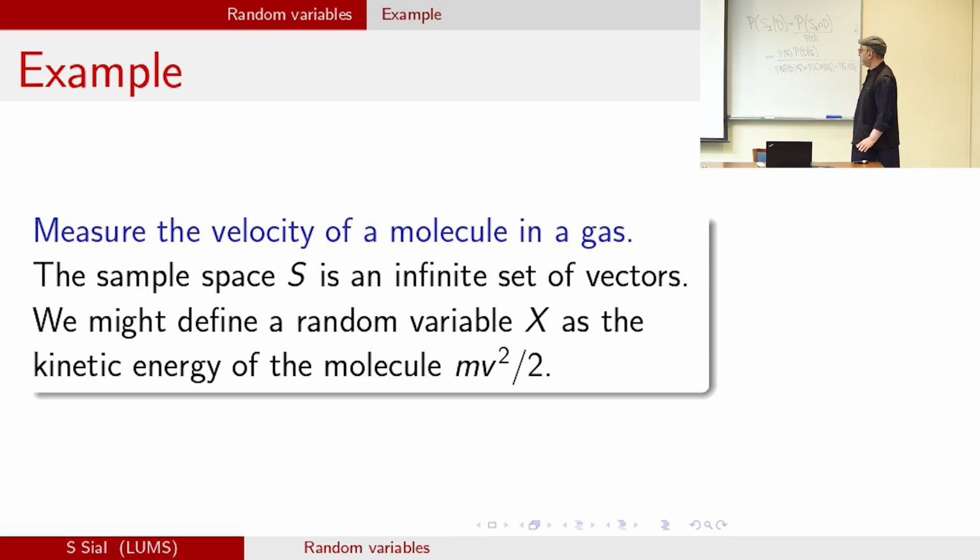In general, velocity is a vector, right? So I measure the velocity of a molecule, and then I calculate its kinetic energy as 1/2 mass times velocity squared. Okay? So that's a random variable. It's a map from the sample space of all the allowed velocities to the real numbers, and that real number I'm calling the kinetic energy.